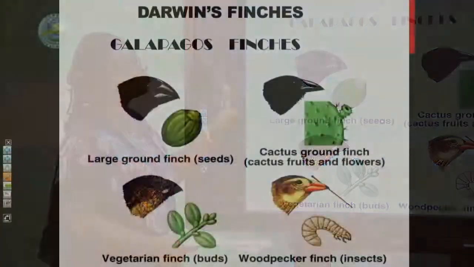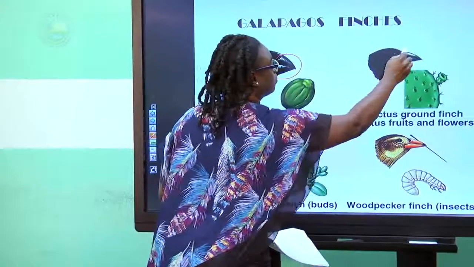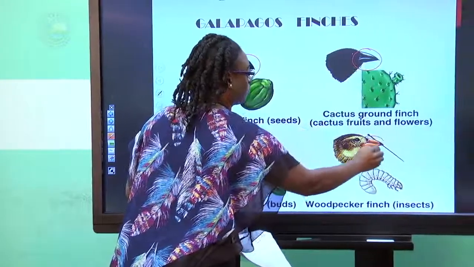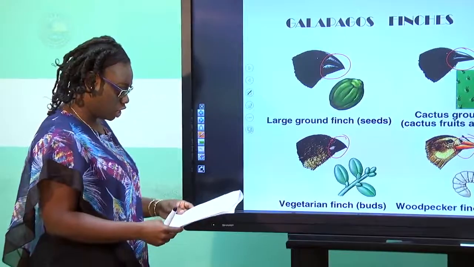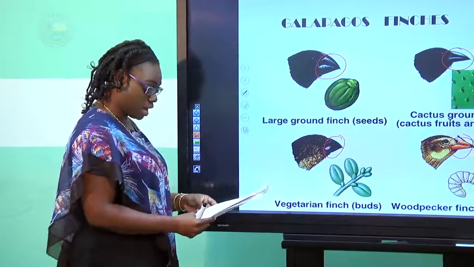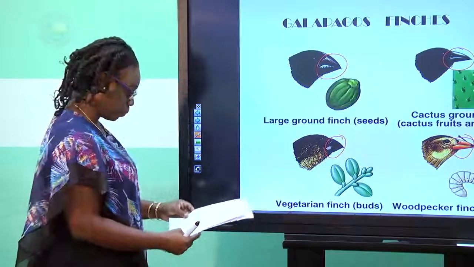And what really made the finches stand out was the fact that their beaks were all different, and that was based on what their diet was. So birds' beaks on different islands were uniquely adapted to different food sources.